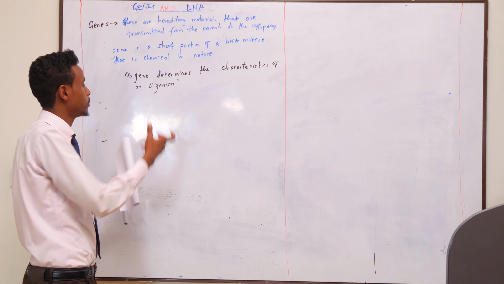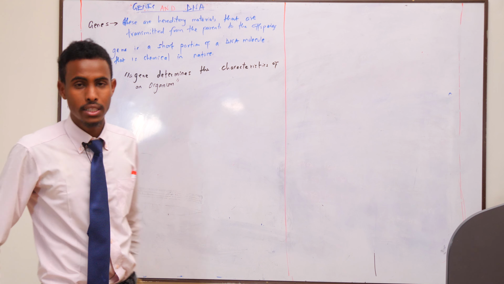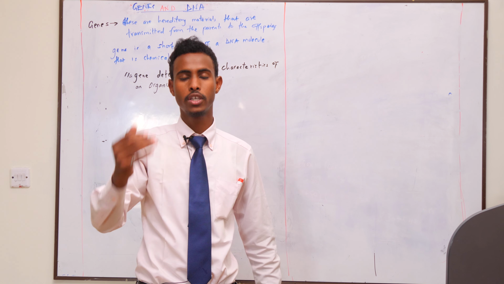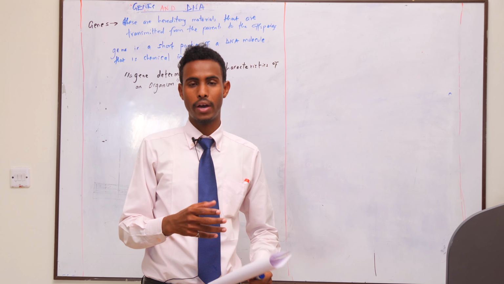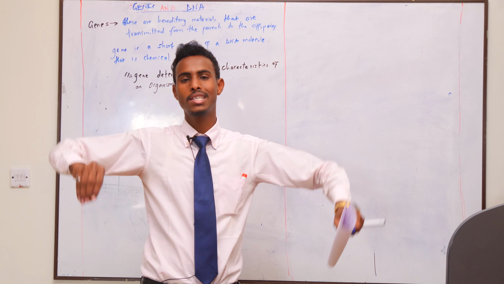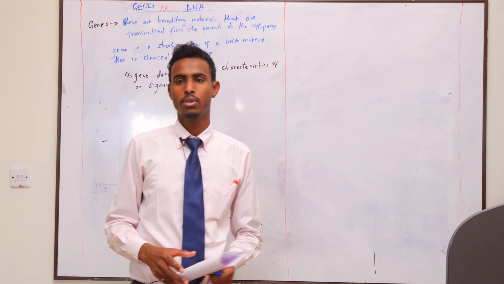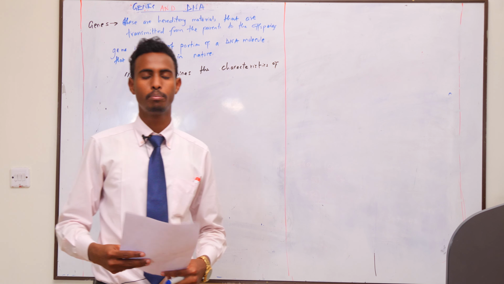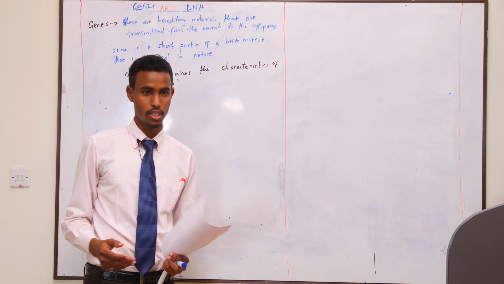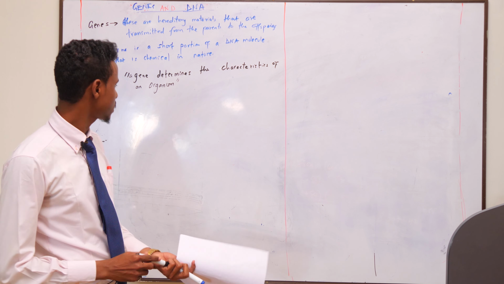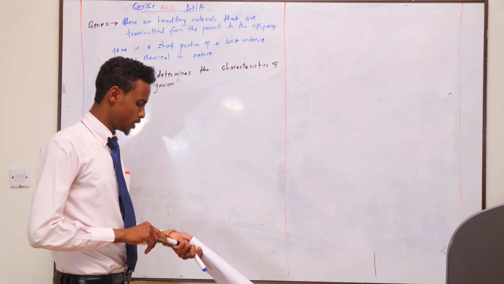The gene determines the specific protein for a particular trait, by specifying the order in which the amino acids are linked together to form that protein. And each and every protein codes for a particular characteristic. Now let's come to the next portion, the DNA.